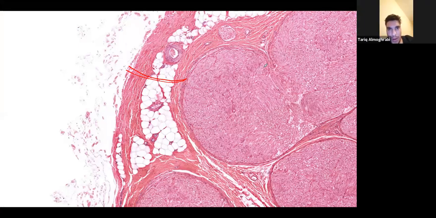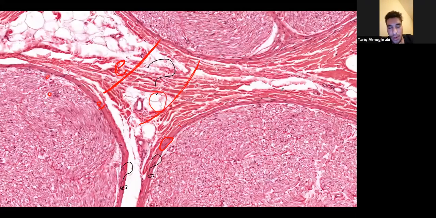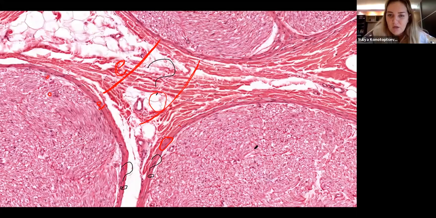Like you said, there are sparse fibroblasts in the endoneurium, so they are not shown in this section. Endoneurium is here. You cannot see it, but in the dense irregular connective tissue, you can see fibroblasts. So all of these cells are going to be fibroblasts. In the epi, they are present because this is a dense irregular connective tissue.